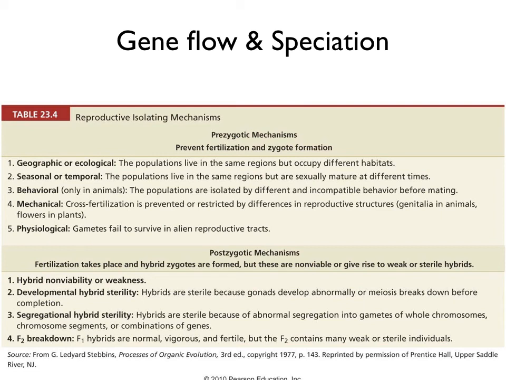The differences between Indian elephants and African elephants, the reason that they don't exchange alleles isn't that they couldn't physically do it or they wouldn't find one another attractive necessarily. It's that they are in different geographic regions.